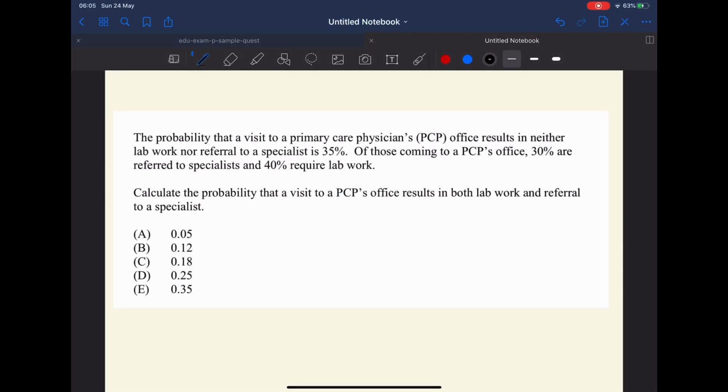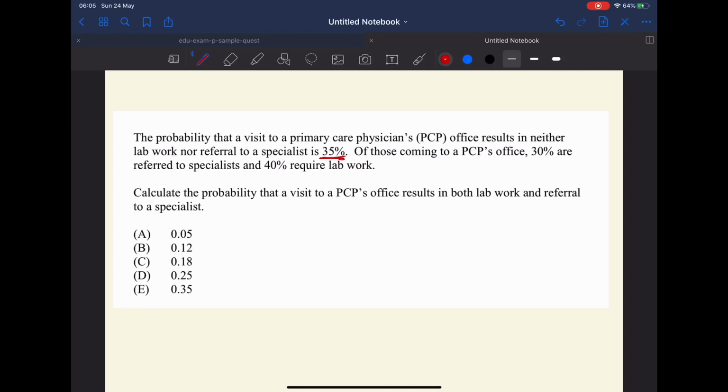All right. This next problem is also on basic probability concepts and the use of set theory. The question says we are given that the probability that a visit to a primary care physician's office results in neither lab work nor referral to a specialist is 35%. We note that down.